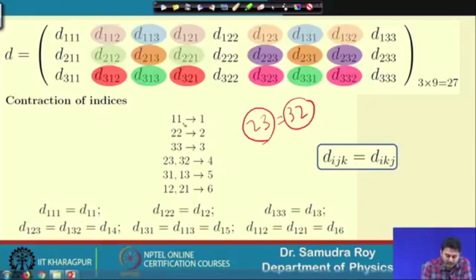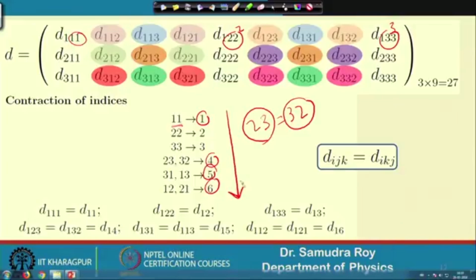So 1 1, these components I write as 1, 1 2 2 I write as 2, 3 3 I write as 3, 2 3 and 3 2, which are eventually the same thing, I write as 4, 3 1 and 1 3, which are eventually the same, I write as 5 and 6.